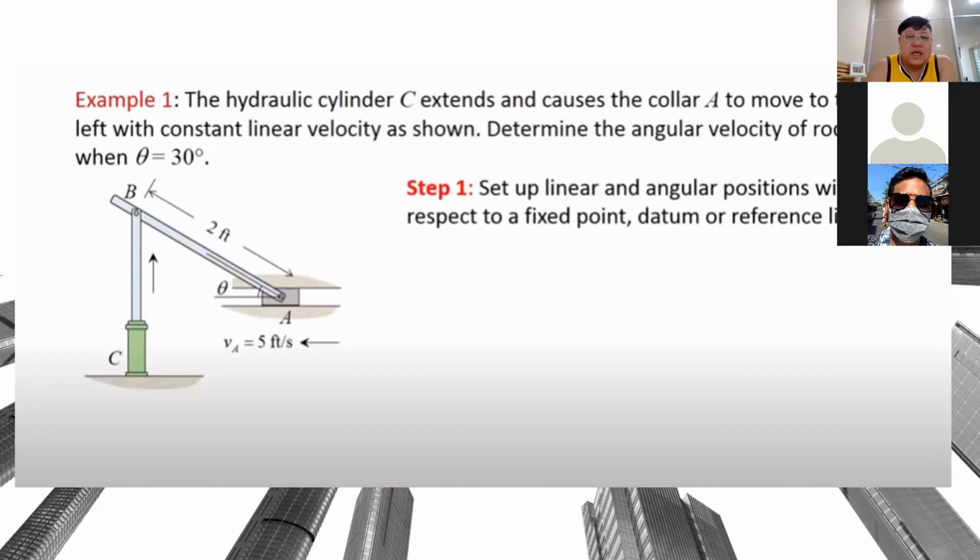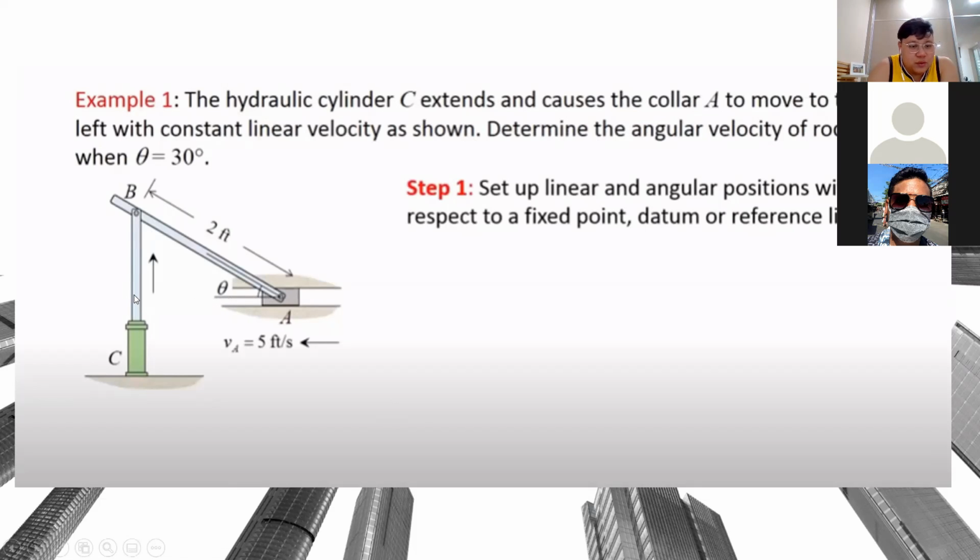So to make it easier, we should set up a linear and angular position with respect to a fixed point. It's also known as datum. So the easiest way is to create a datum line here, since theta is calculated from this angle, correct? Yeah.